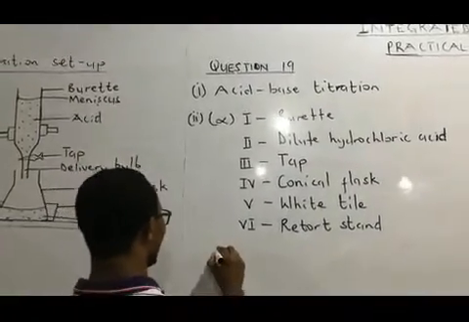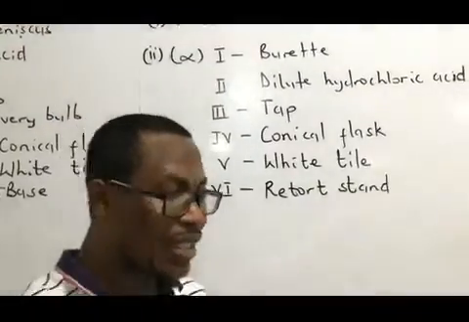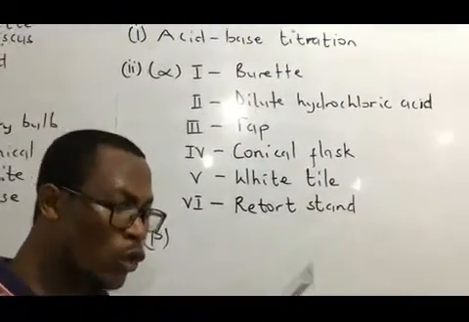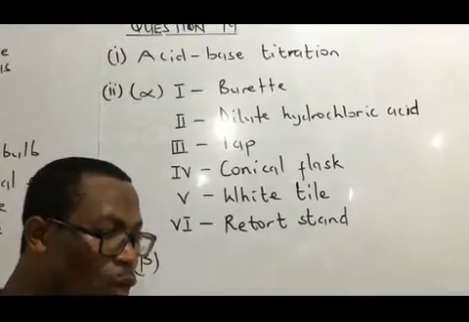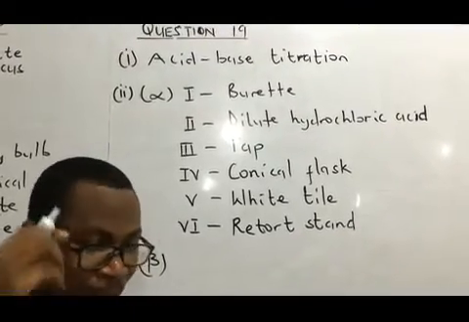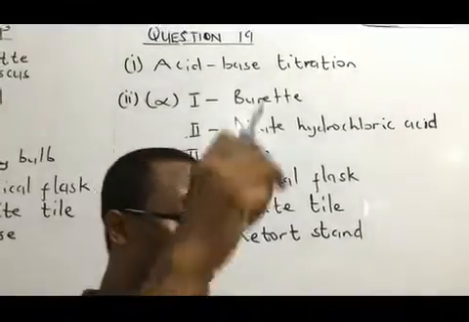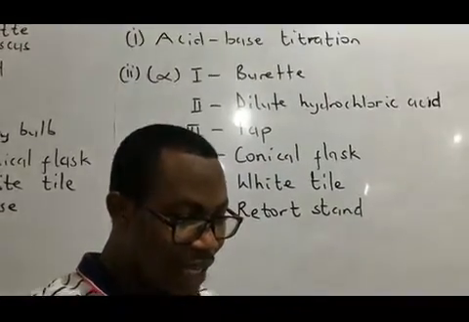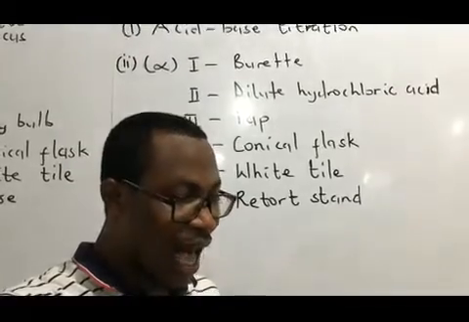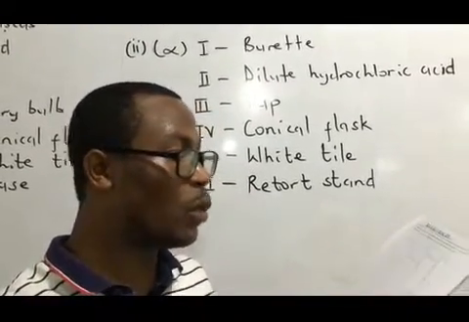Now the beta of question I says, which laboratory apparatus was used to introduce the sodium hydroxide into the part labeled IV? Even if you didn't know that the dilute hydrochloric acid was in the burette, the question is saying that the apparatus was used to introduce the sodium hydroxide into the part labeled IV.